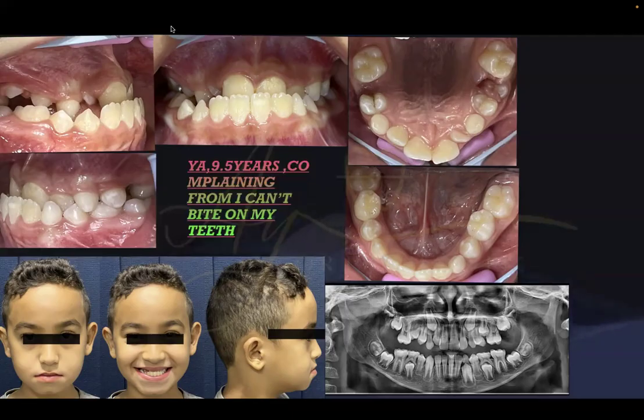Dr. Rahim, could you please give me the extra oral assessment? Anteroposterior, the external features: the 3 photos taken in the natural head position, the profile rest, frontal rest, and frontal smiling.